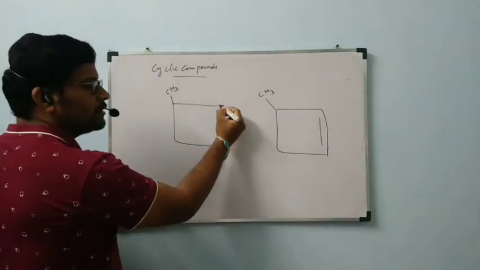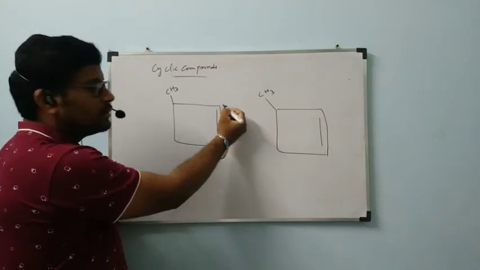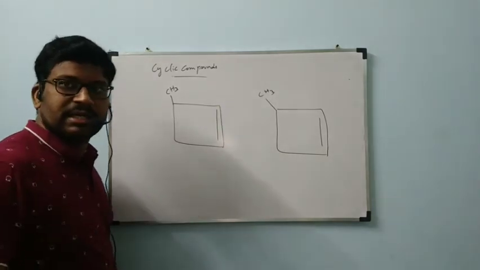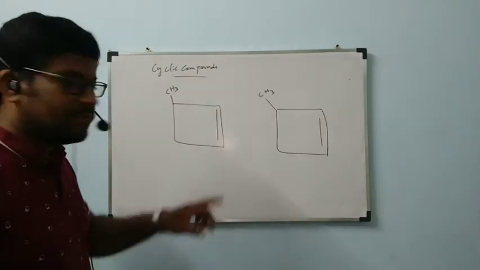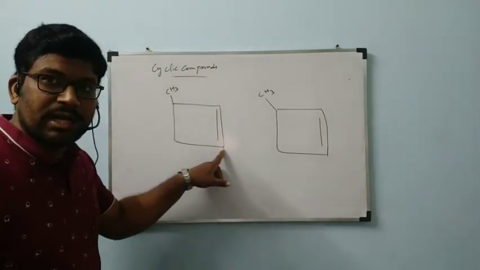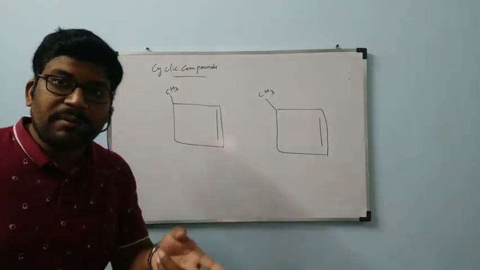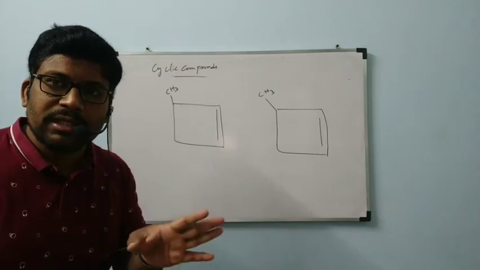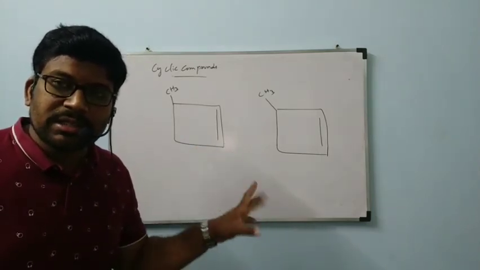Start the numbering from here because the double bonded carbons must get the least numbers. From any carbon we can give numbering, but both the double bonded carbons must get the least numbers.